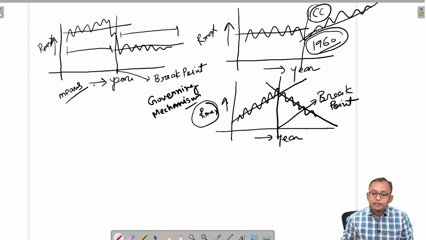So, this is one example of how break points can look like.